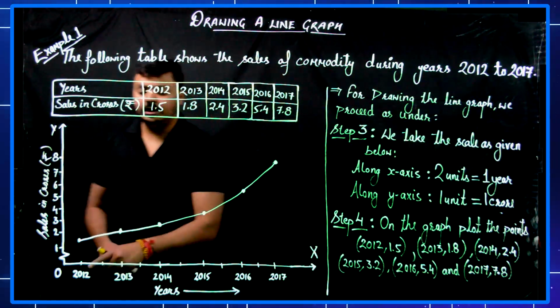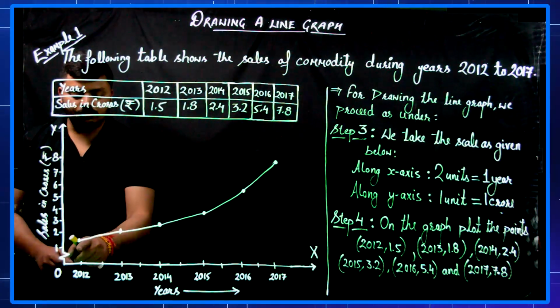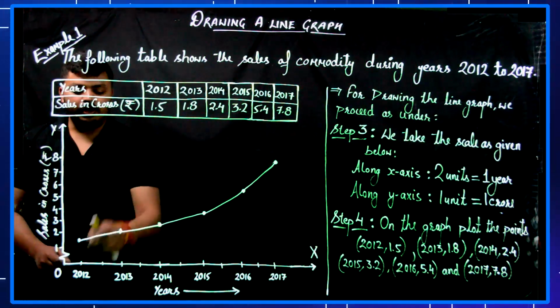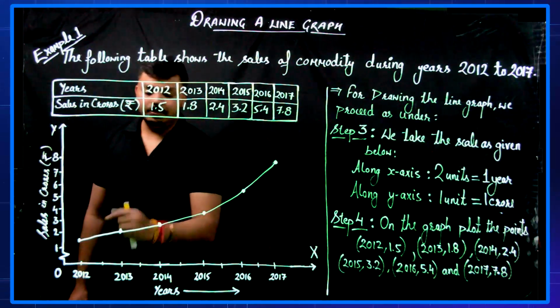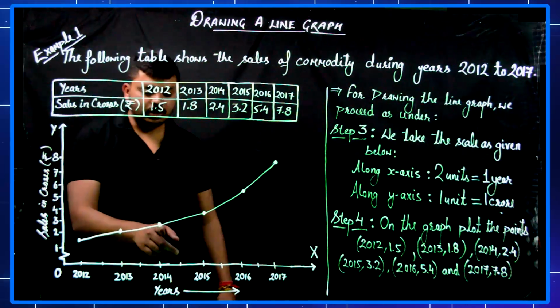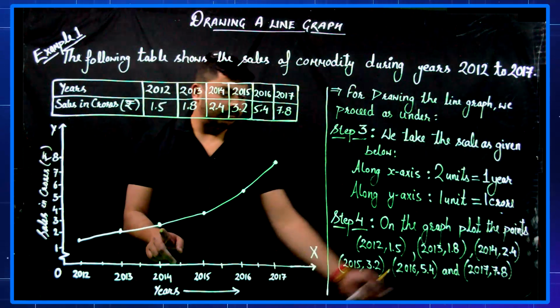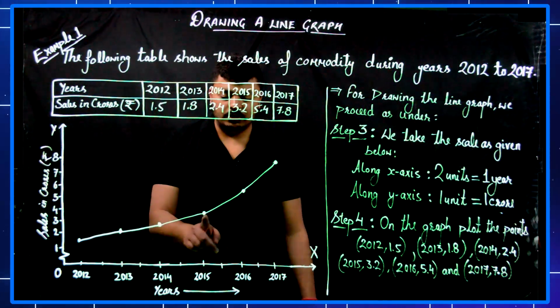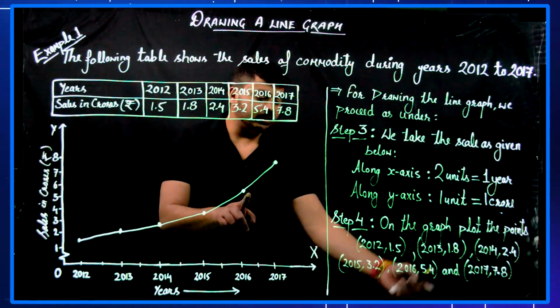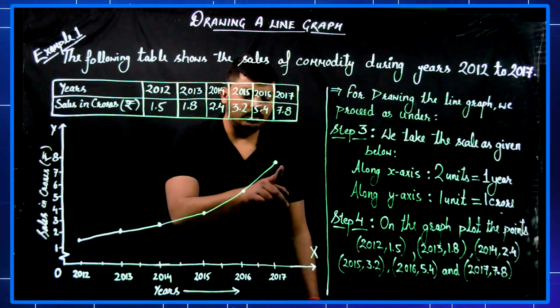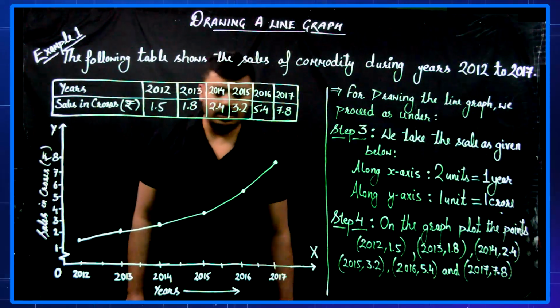So we have plotted these points: 2012, 1.5, the next point is 2013, 1.8, then 2014 and 2.4, 2015, 3.2, 2016, 5.4 and 2017, 7.8.